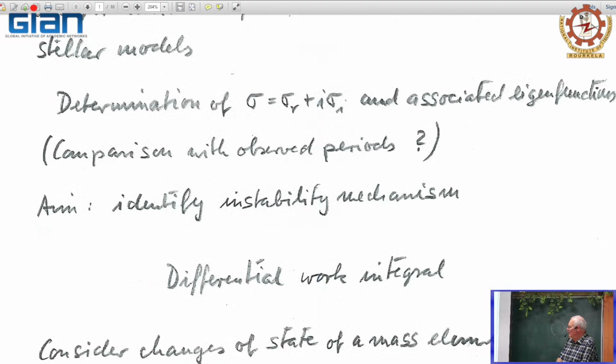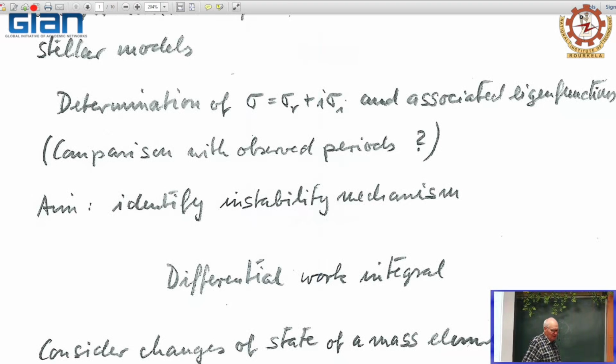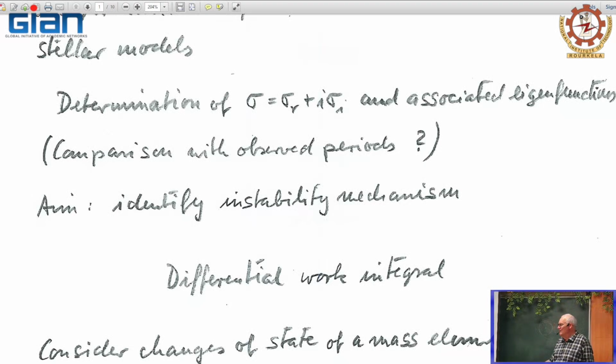So another aim, and we'll follow this line now in the following, is to see what the instability mechanism is behind a negative value of sigma I found in the computations.